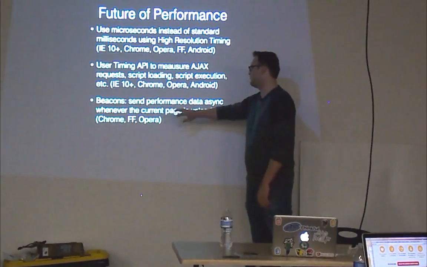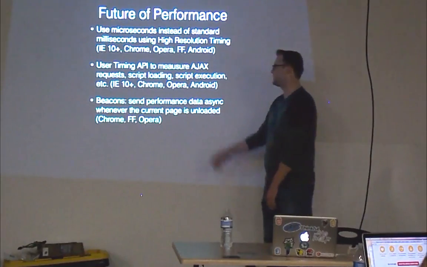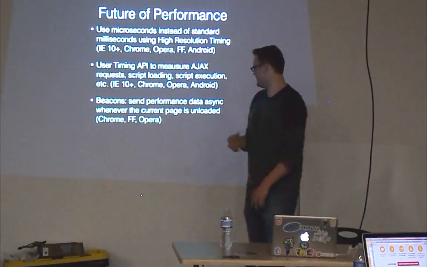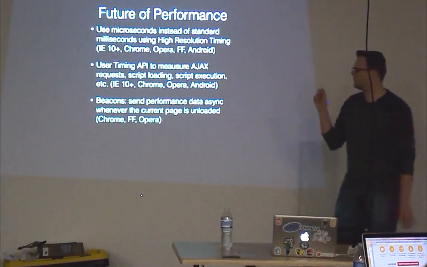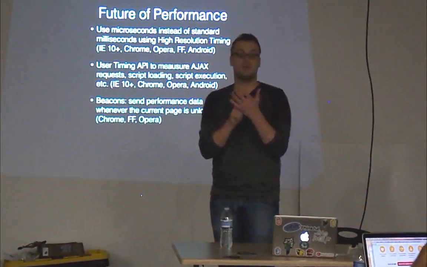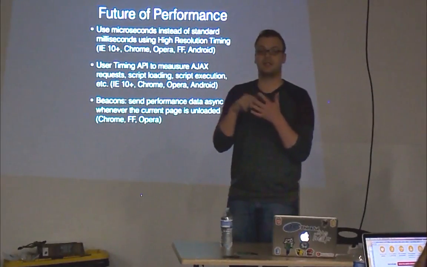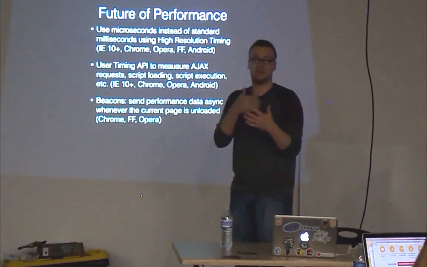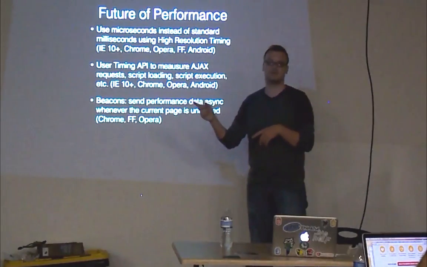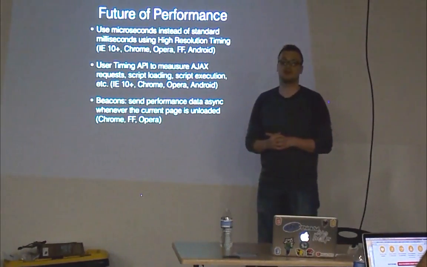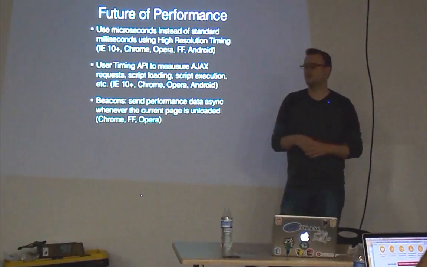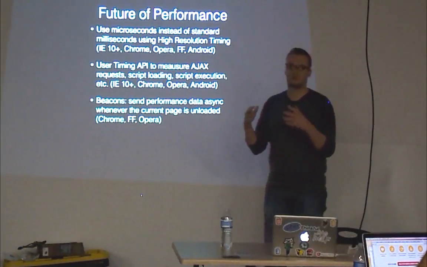And then JavaScript beacons send performance data asynchronously whenever the page is unloaded. And these are only in Chrome, Firefox, and Opera. But what happens is when the user clicks on a button to go to that next page, as the current page is being unloaded, that beacon will send your performance information to the server so that it's not hindering the performance of your HTML.